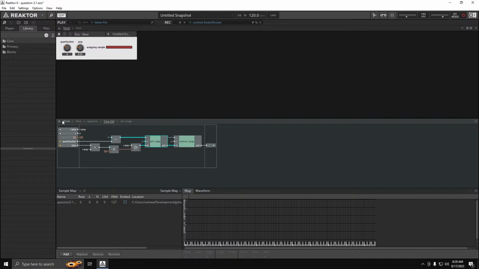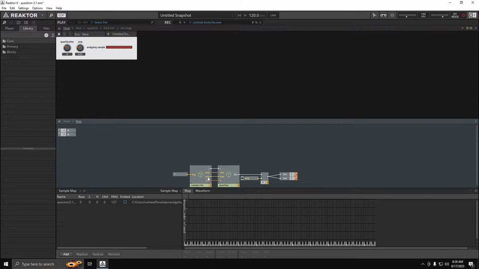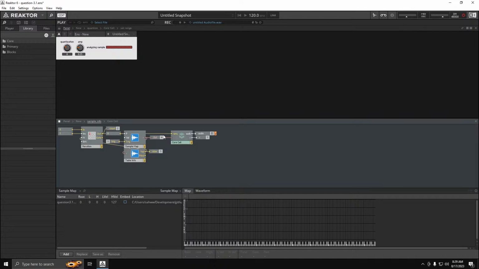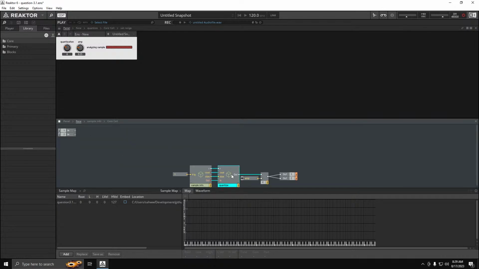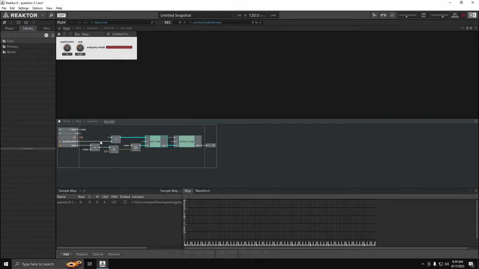Then you take different values. So if you want 8-bit quantization, it's 256, or 2 to the power of 8.